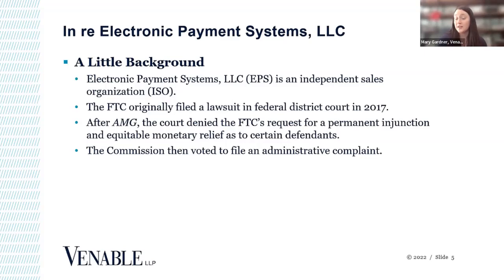So past misconduct plus no evidence of a likelihood of recurrence indicated that an injunction wasn't necessary to the court.